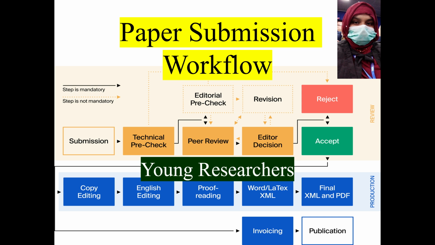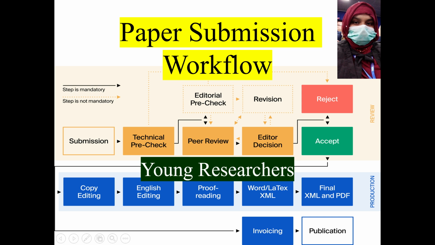So this is the whole paper submission workflow. This is how your paper goes, and you can also check from here, as we discussed each and every step. First it goes to submission, then a technical check by the journal administrator, then it goes to the editor's pre-check. If the editor feels it's okay, then it goes to peer review.